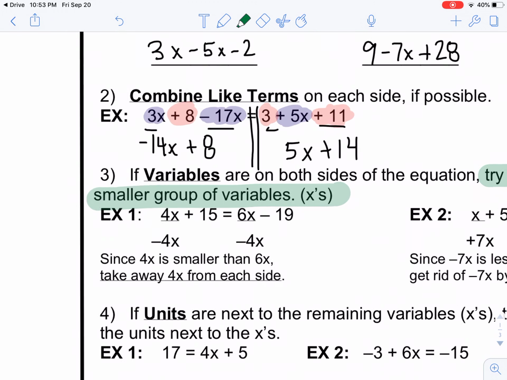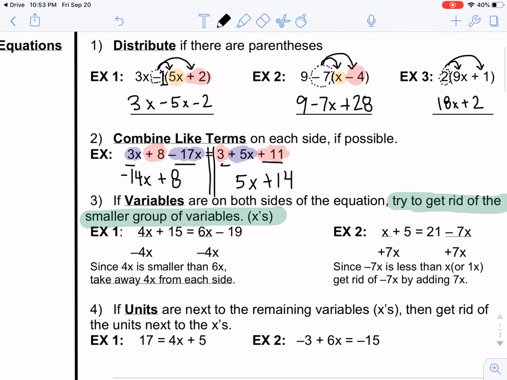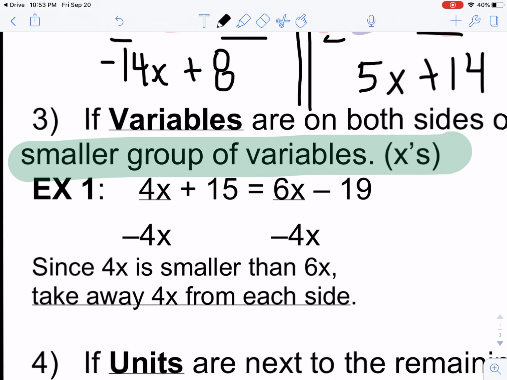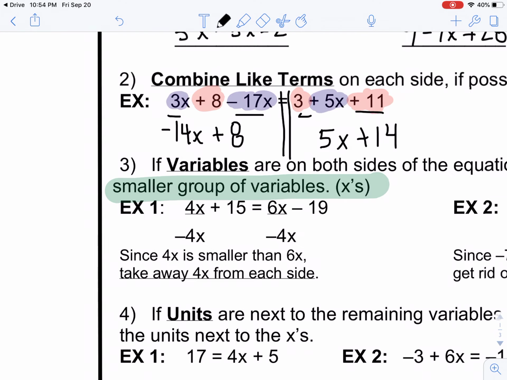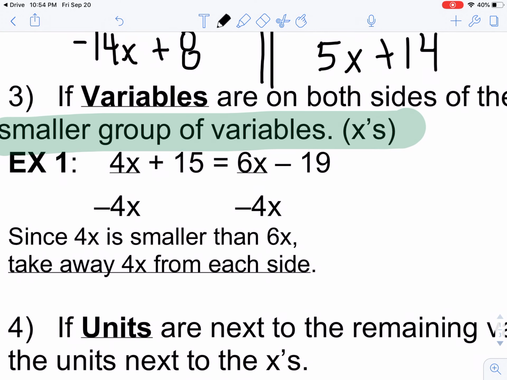So if we look at our first example, we have 4x plus 15 equals 6x minus 19. And we want to remove the variables on one side. So we are going to see which one has a greater value, 4x or 6x. Hopefully you know that 4x is smaller, so 6x is larger.